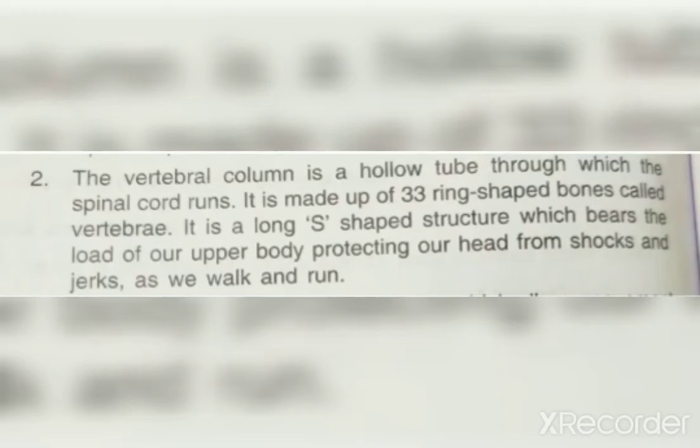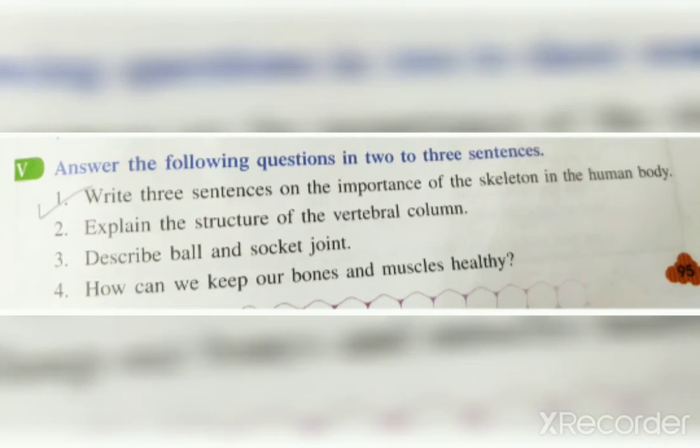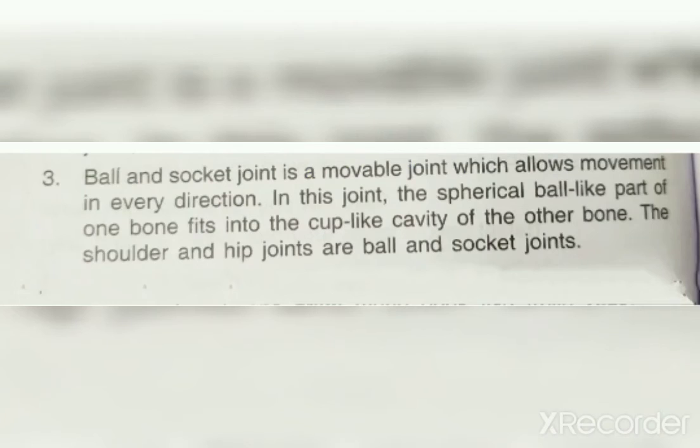This is your answer number 2. Now question number 3, describe ball and socket joint. And the answer is, ball and socket joint is a movable joint which allows movement in every direction. In this joint, the spherical ball-like part of one bone fits into the cup-like cavity of the other bone. The shoulder and hip joints are ball and socket joints.